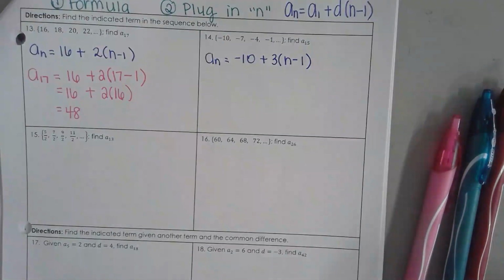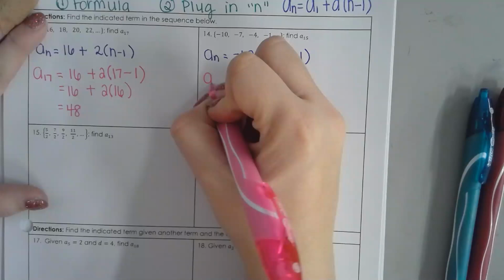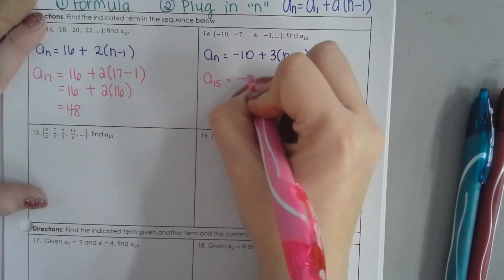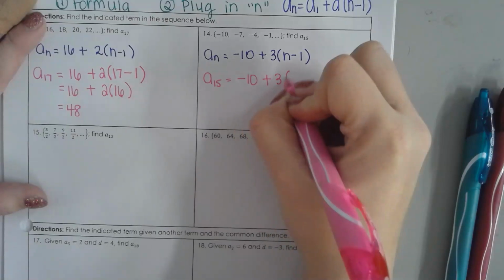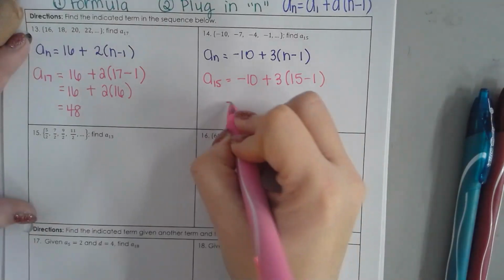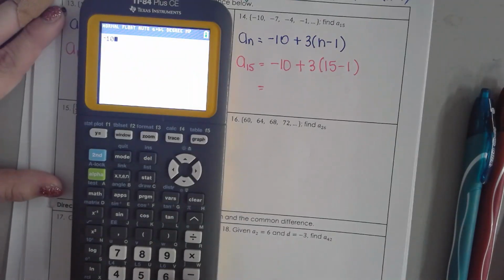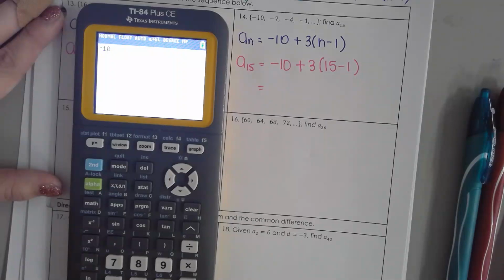So that's the formula. Then we're going to use that formula to find which term? The 15th term, A15. Negative 10 plus 3 times (15 minus 1), that's 32.